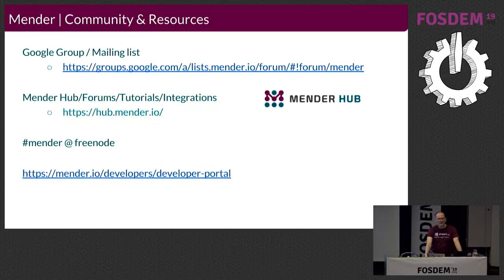This is a site to share tutorials, integrations. If you've added it to a specific board that somebody else might benefit from, we'd love to have you post that there. And obviously we have an IRC. And then the developer portal, the very bottom link there, is pretty much the main link to get all of this information. And with that, I think we've got some time for some questions.